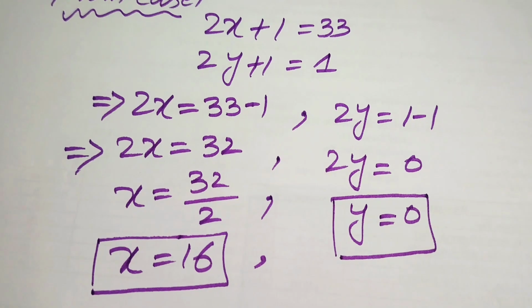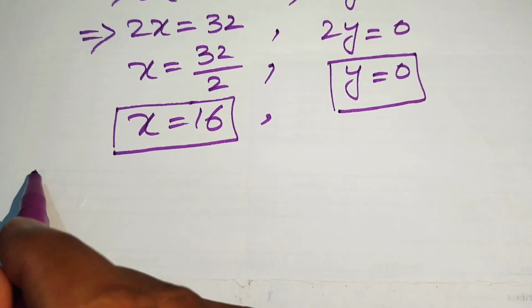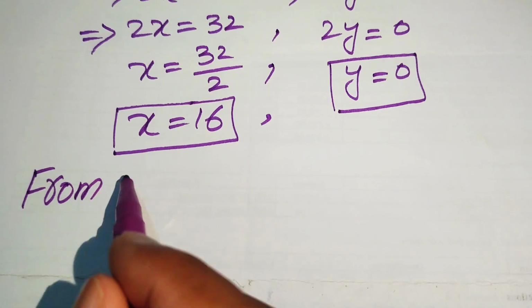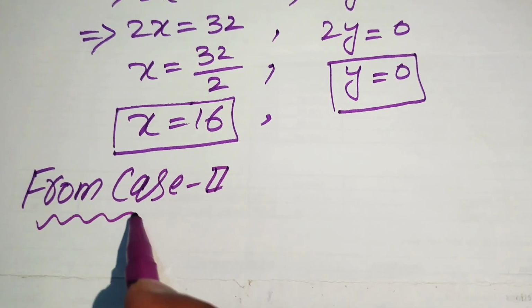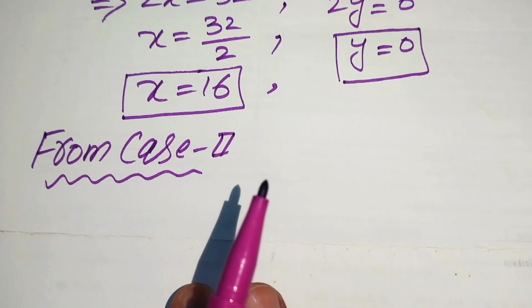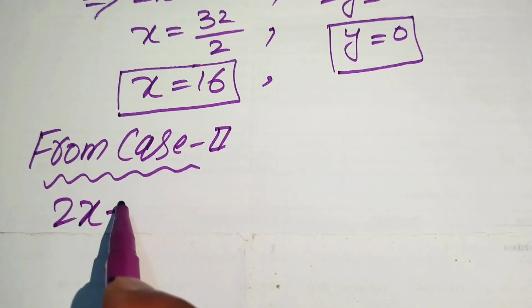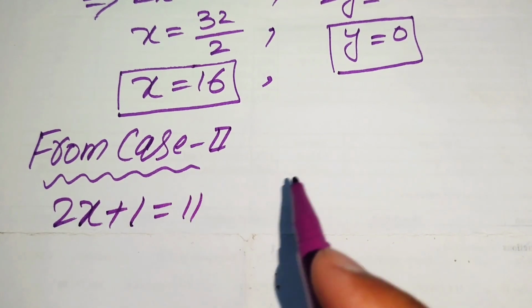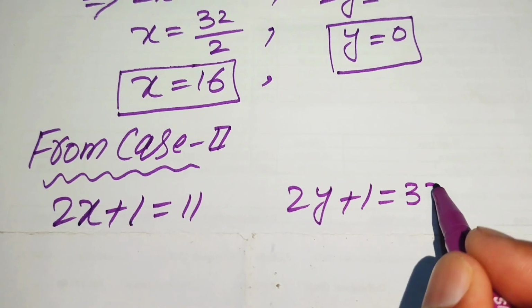Now we move towards case number 2. First we copy down the equations involved. Case number 2 is 2x plus 1 equals 11 and 2y plus 1 equals 33.